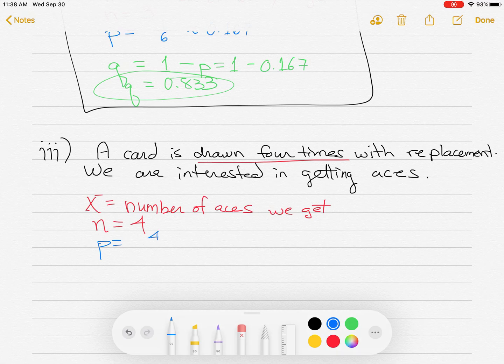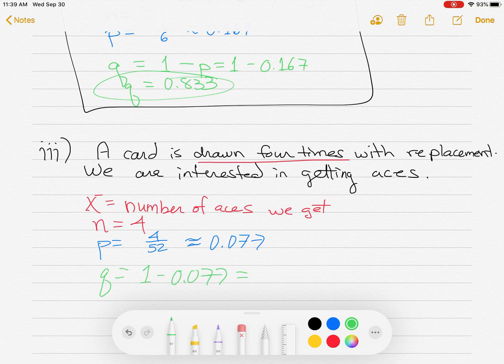And what do we want to do next? P, that's the probability of success on a single trial. There are 4 aces, right, out of 52 cards on each trial. So 4 out of 52, we'll go ahead and divide that out. 4 divided by 52, approximate that. That's about 0.077.